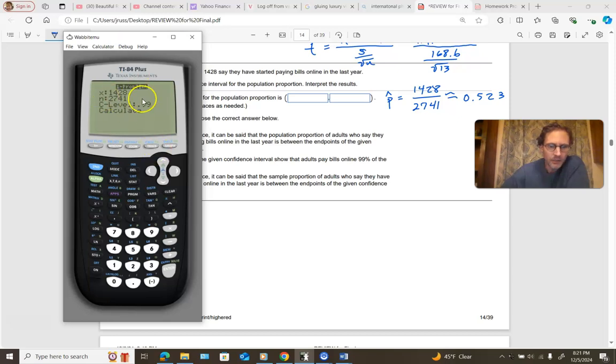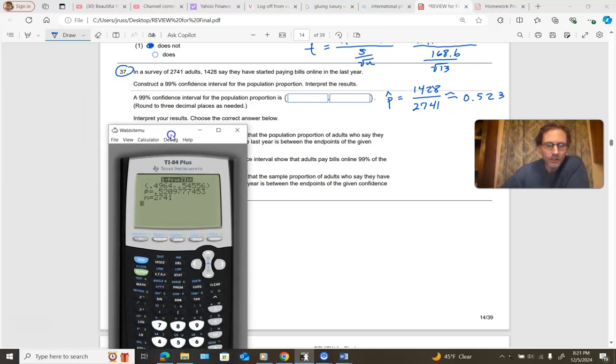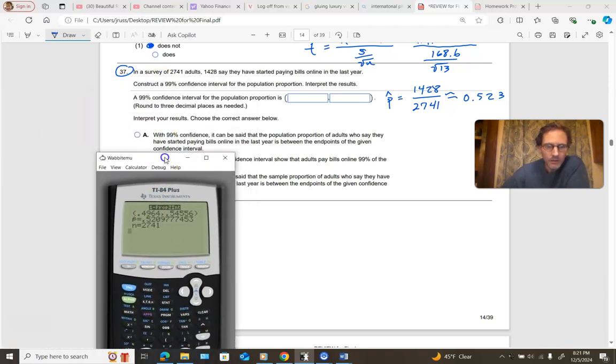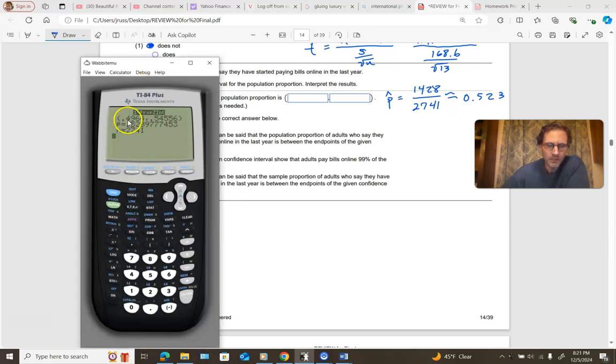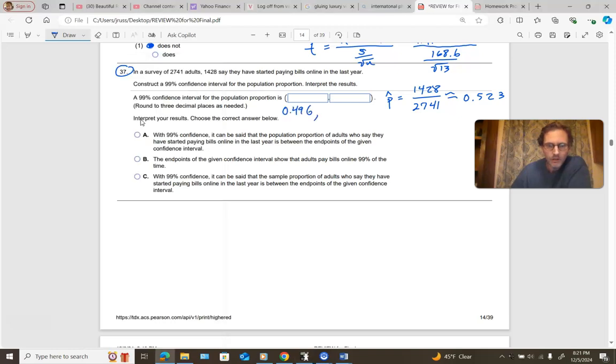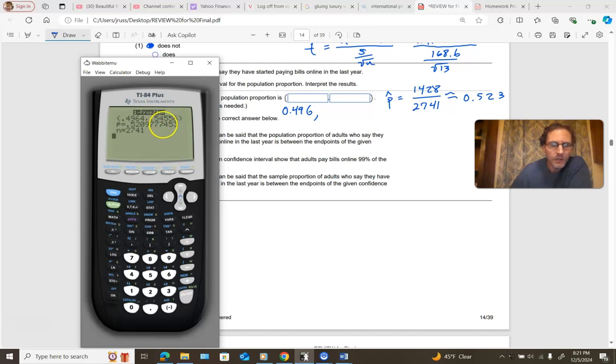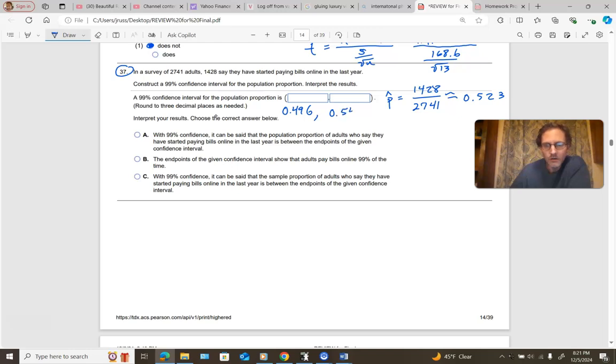We want a 99% confidence interval, which I've already got in here. Hit enter, and this would give it to us, okay? So to 3 decimal places, this would be 0.496. And then the upper bound would be 0.546. Be careful with your rounding, guys, because if you just round that last digit incorrectly, then you would get this wrong. All right, so let's interpret these results.